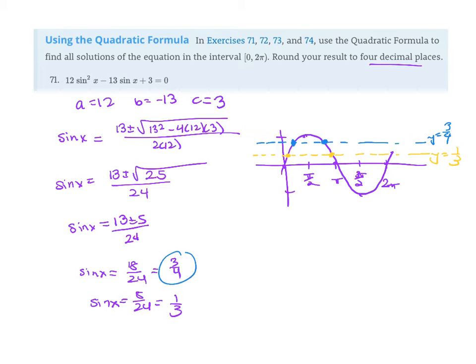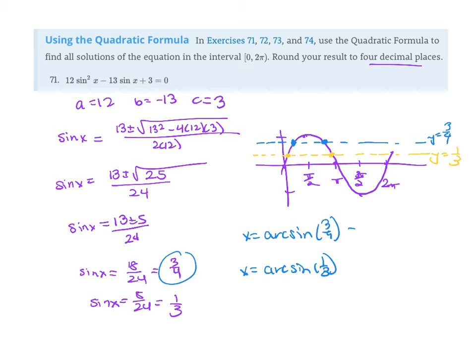So what we can do is we can do arc sine. So x equals arc sine of 3/4, and then x equals arc sine of 1/3.